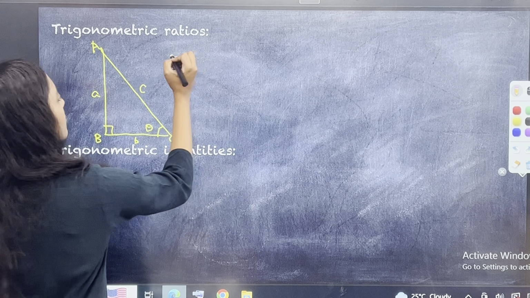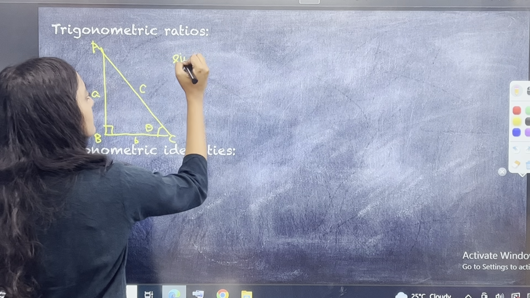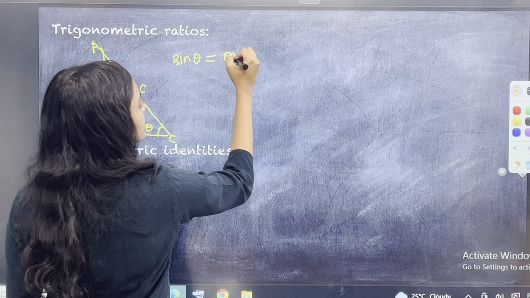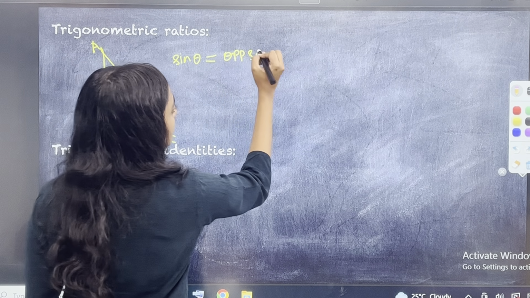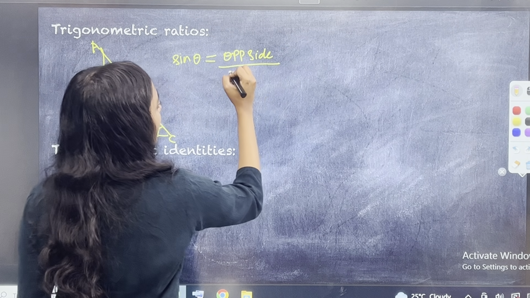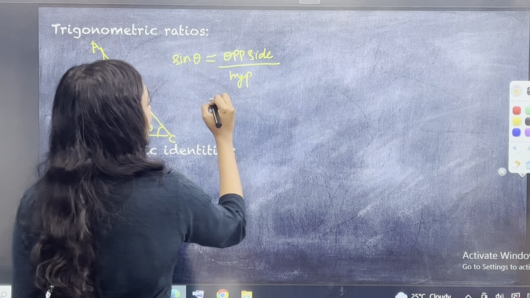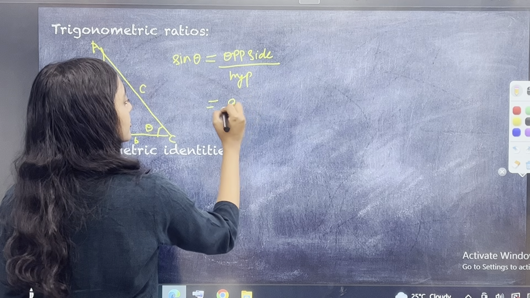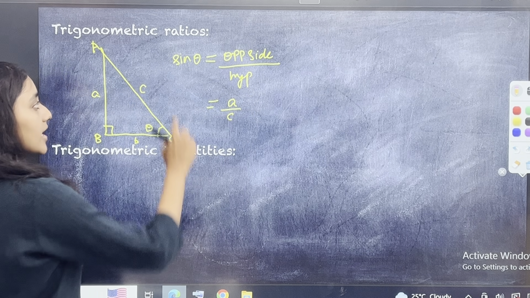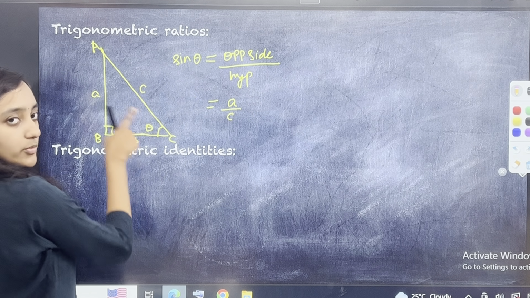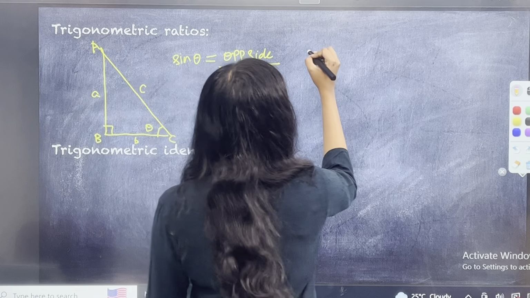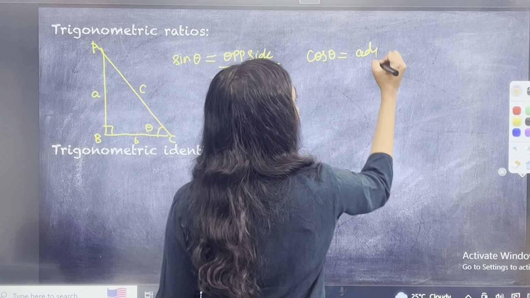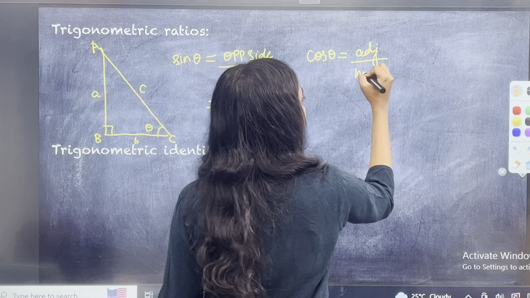Okay, now we will say that sine theta is equal to opposite side by hypotenuse, which is nothing but opposite side is A and hypotenuse is C. So sine theta is A by C. Then you have cos theta, which is adjacent side by hypotenuse.